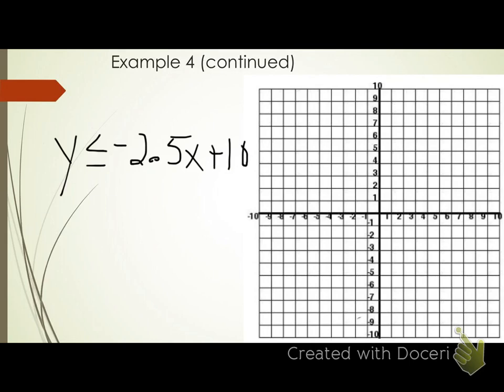For our slope purposes, what's negative 2.5 as a fraction? As an improper fraction? That's a good question. It would be negative 5 over 2.